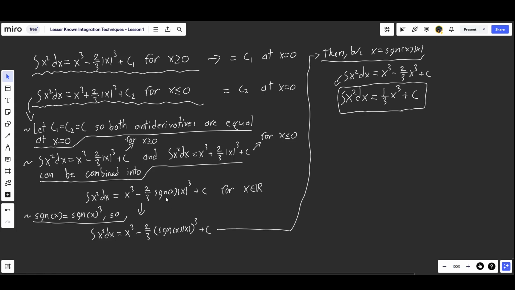Using this, we can combine sine of x and the absolute value of x to the power of 3 into sine of x times the absolute value of x to the power of 3.